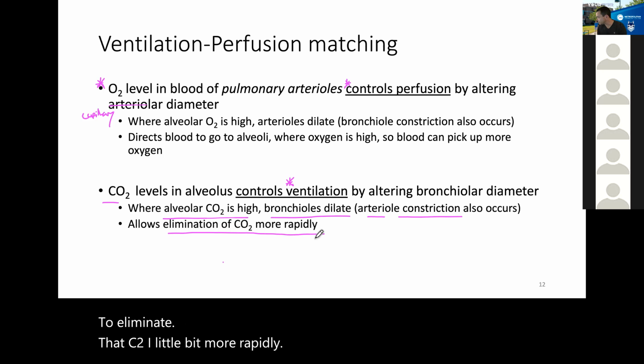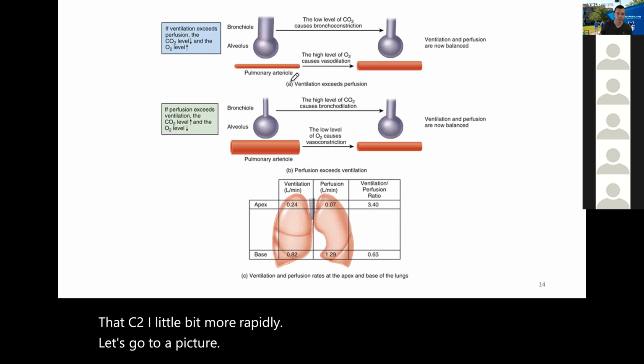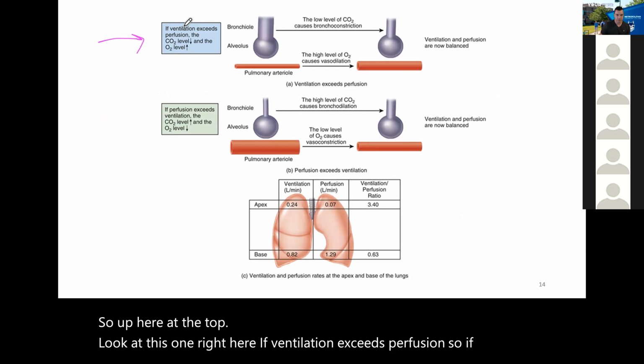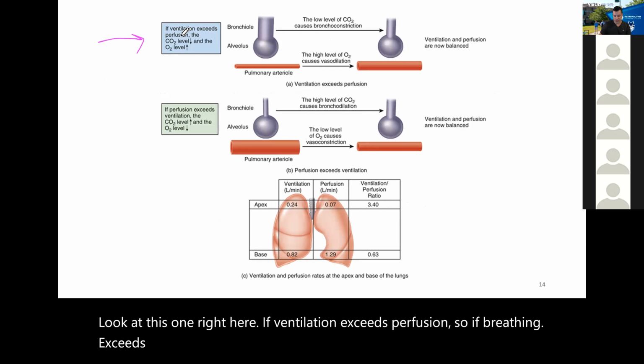Let's go to a picture here. So up here at the top, let's look at this one right here. If ventilation exceeds perfusion, so if breathing exceeds perfusion, the amount of exchange of oxygen and CO2, okay?